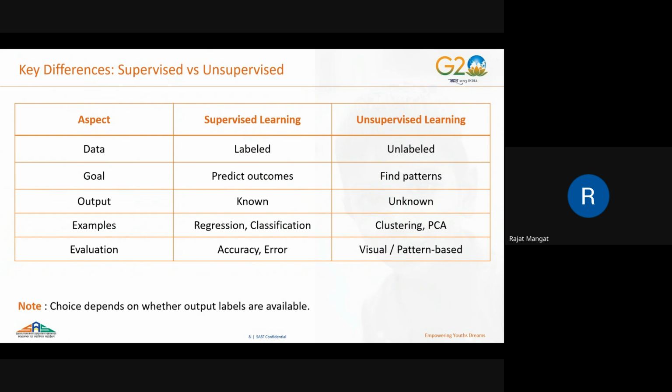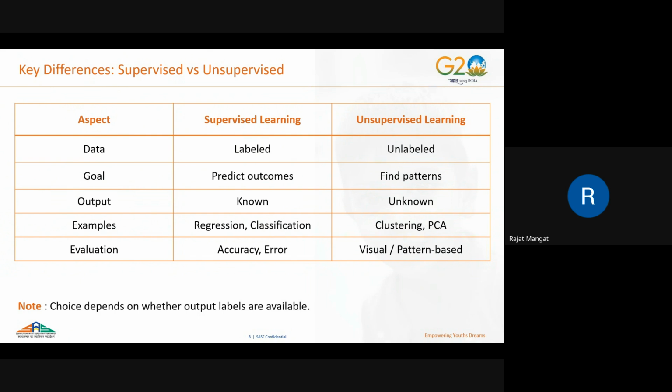If we look through the aspect of data, supervised learning is labeled and unsupervised learning is unlabeled. The goal of supervised learning is that it predicts the output, like predicting the chances of a person getting asthma.